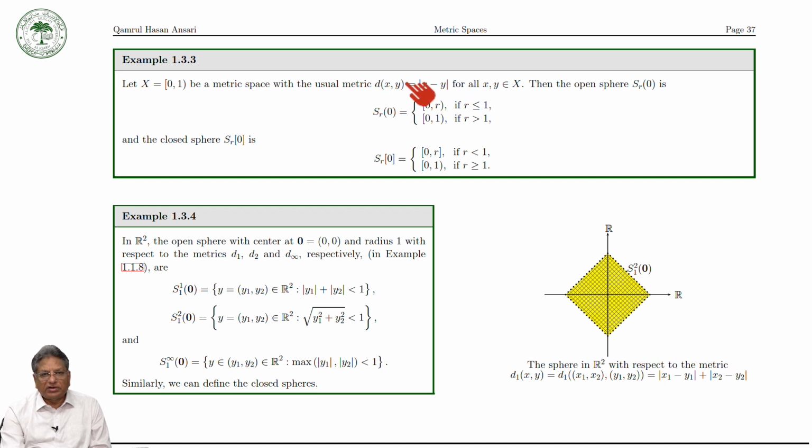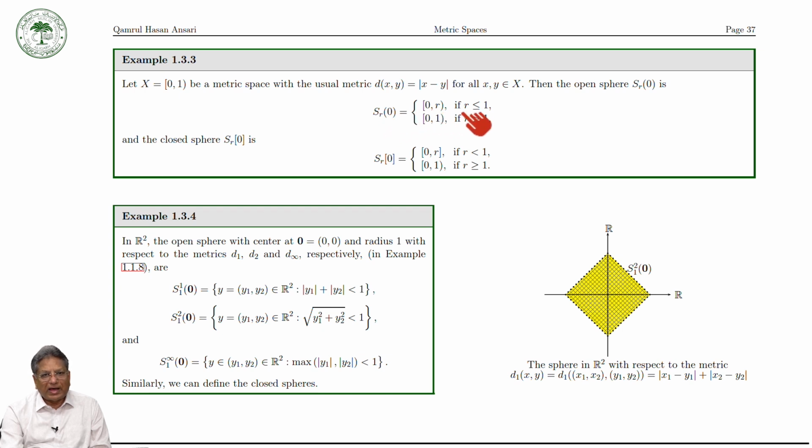So if we define d(x, y) equal to mod of x minus y, then d is a metric on X. Now what would be the shape of the open sphere and closed sphere with center at 0 and radius r?